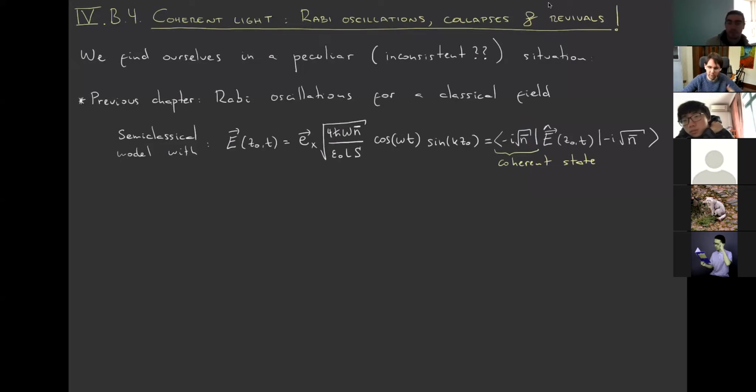So in other words, if we just assume that our cavity is in a coherent state that is fixed and it doesn't move, okay? So, I mean, it rotates and so on, but it's not affected by the interaction with the atom. Then we obtain a classical field that has this expression. And using this classical field for the interaction in the semi-classical limit, then we get a Hamiltonian that is exactly the type of Hamiltonian that we studied in the previous chapter, which is this semi-classical Rabi Hamiltonian.